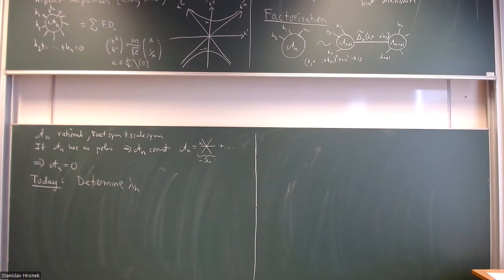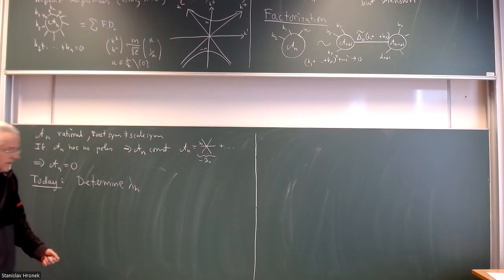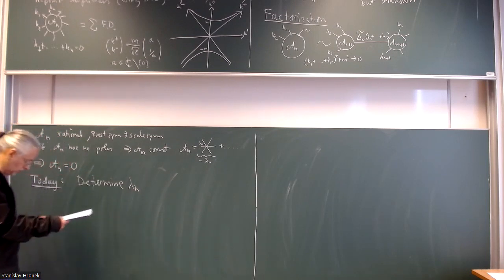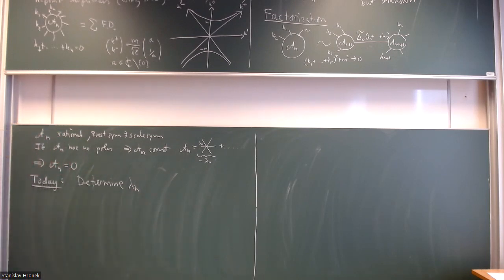Okay. And for that we will use two tricks. Are there any questions? So Stanislav is happy? Good. Giacomo? Good. All right. So that was how far we got last time.